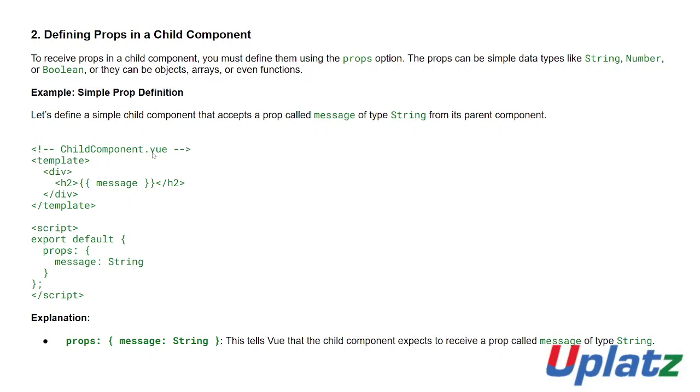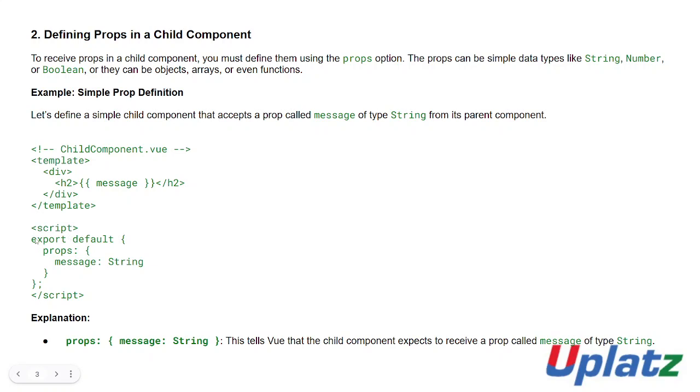ChildComponent.vue: template tag, div tag, now h2 tag, then within double curly braces message, then the div tag is closed, template is closed. Should message be data? No, it is a prop. It comes from the parent component.